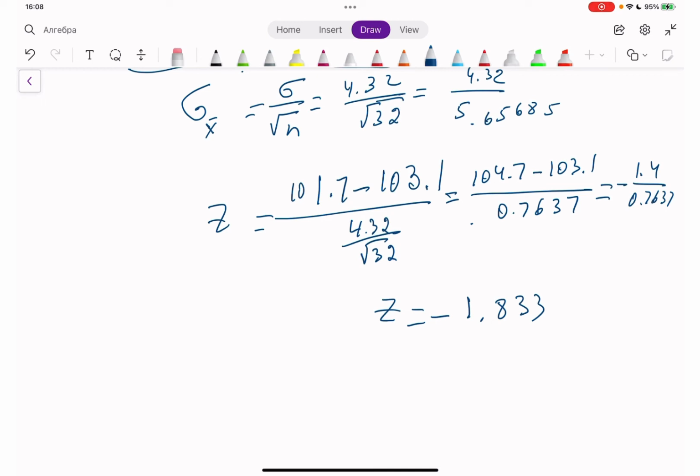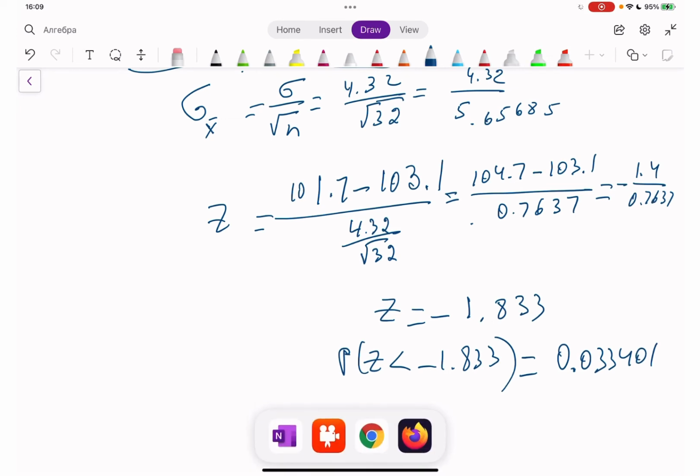1.833. I'm going to take the one that is less than, right? Because it says less than 101.7. Once I calculate, I'm getting the probability of z-score less than negative 1.833. It's going to be equal to 0.033401.